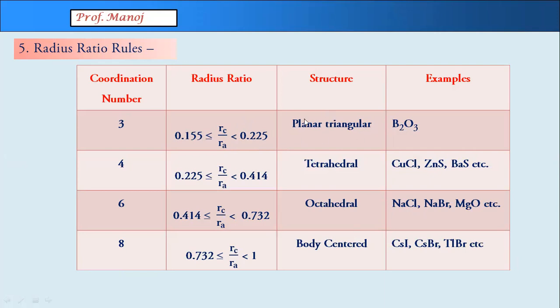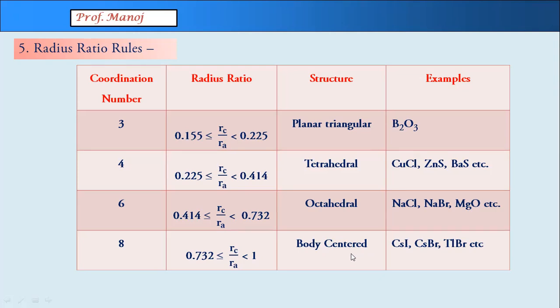System will have a structure planar triangular. Same way, when the radius ratio is in the range of 0.225 to 0.414, it's tetrahedral. 0.414 to 0.732, it's octahedral. 0.732 up to 1, it's body centered.